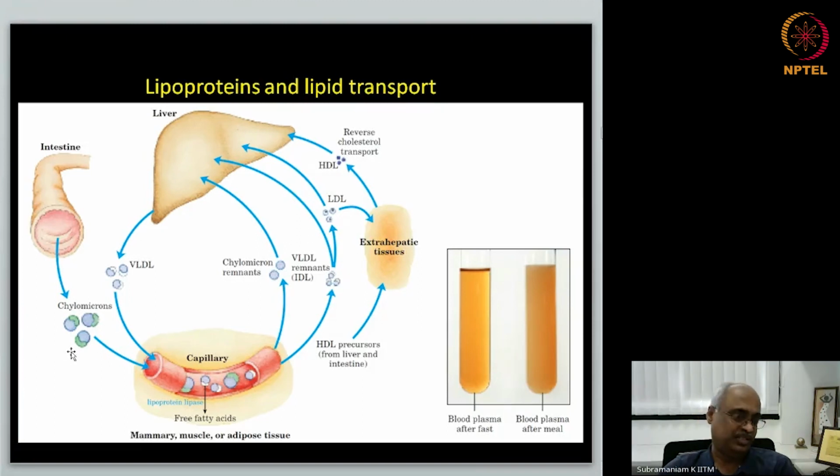And the apoprotein, the green structure shown on these circles, ApoC2, activates the lipoprotein lipase in the blood while the chylomicron is circulating in the capillary. That hydrolyzes triacylglycerol into free fatty acids, which are taken up by the tissues that are going to use or store them. So we have seen up to that.